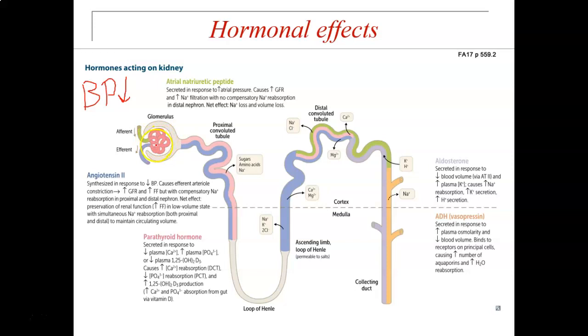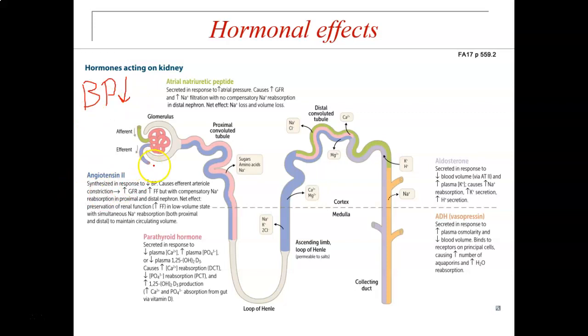Not much. That's a problem. We want to ensure that we produce as much filtrate as necessary. We want to make sure the filtration rate doesn't drop too low or too high. But as blood pressure drops, so does GFR. If it drops too low, we're not producing enough filtrate, which means we're not going to reabsorb sufficient levels of ions, amino acids, etc.